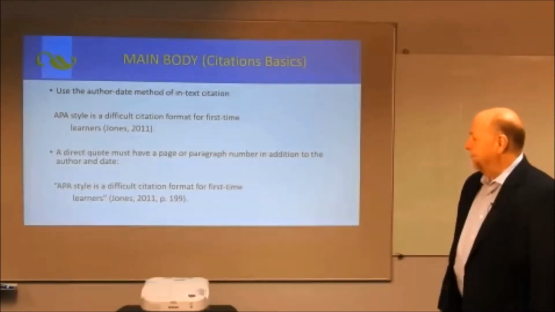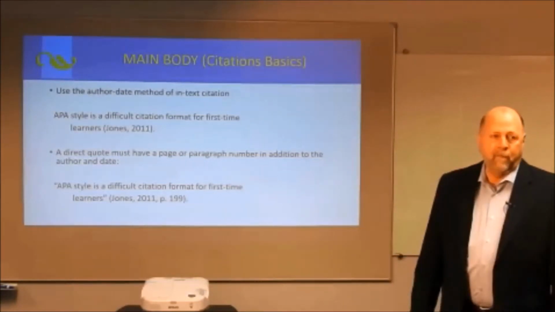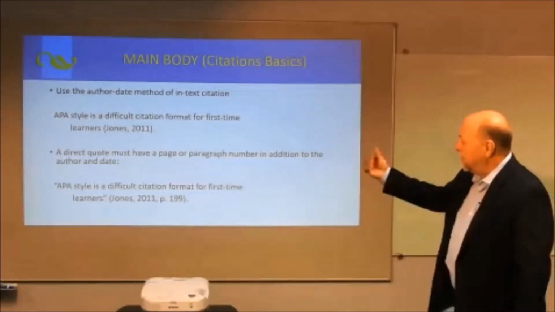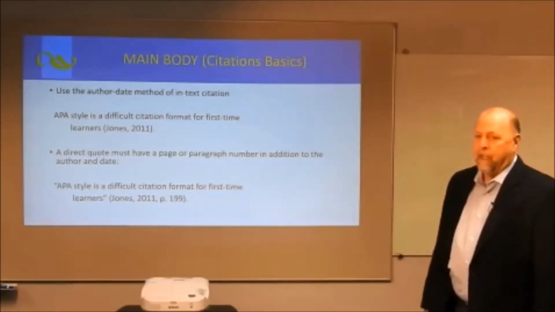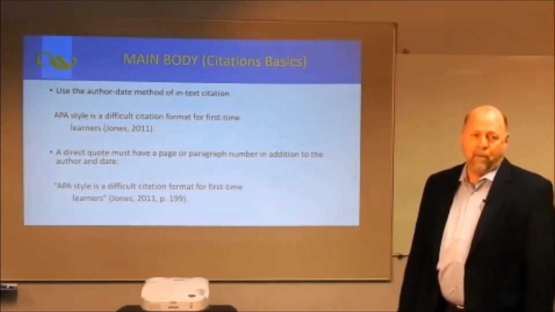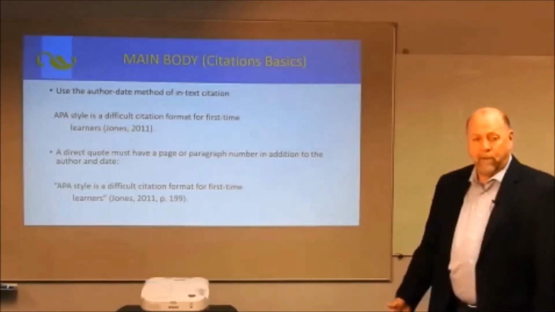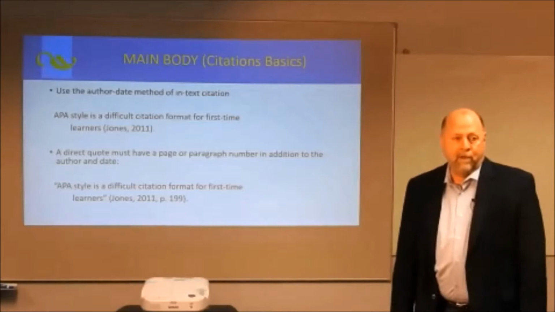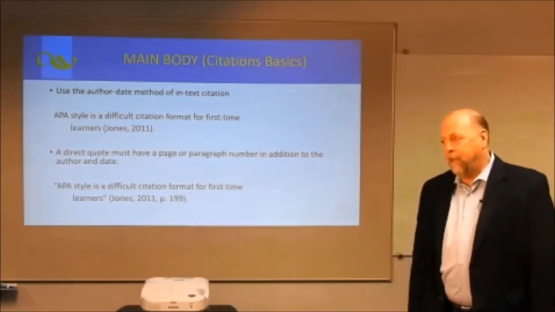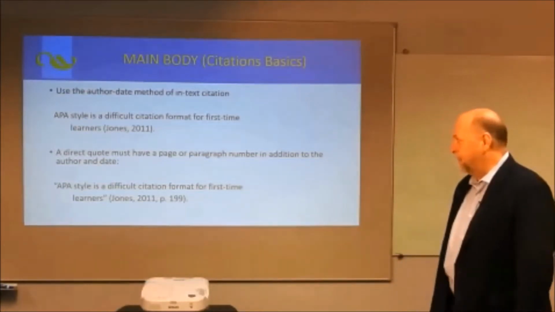For example, if I find information that tells me that APA style is a difficult citation format for first-time learners, and Jones came up with that in 2011, what I'm going to do is write that out, and then to cite it properly, I'm going to use a parenthesis, last name of the author, and the year of publication.